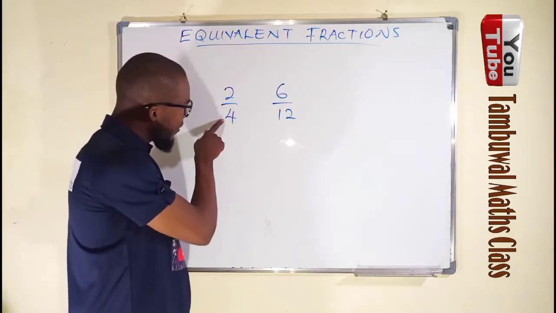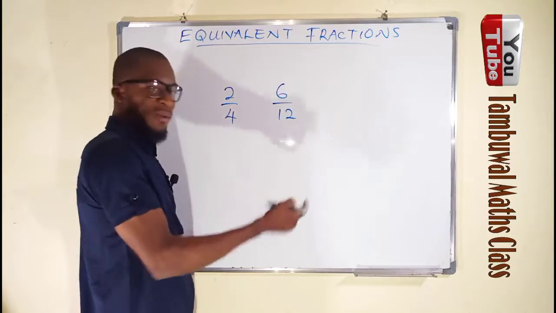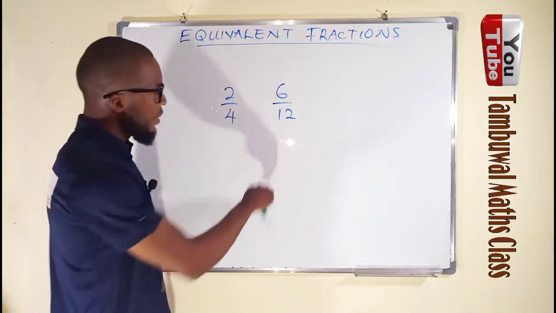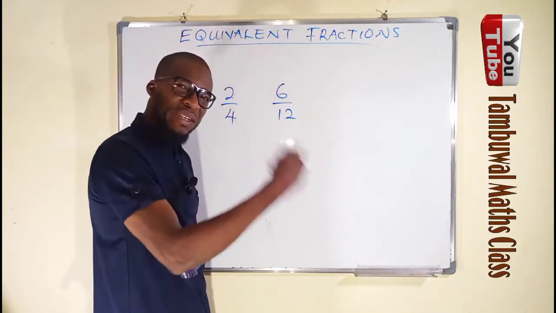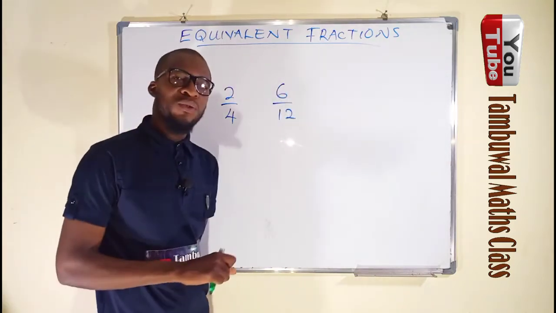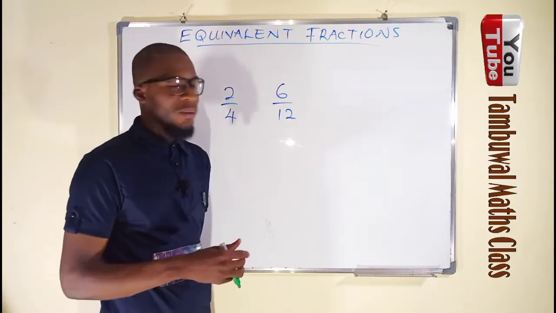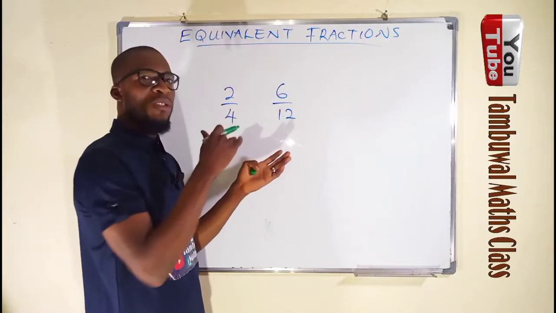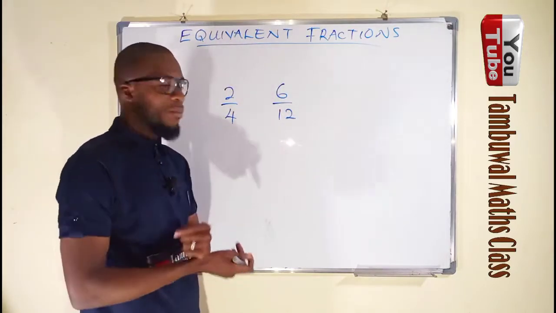Look at this number here, 4, which is our denominator. 4 is 2 times our numerator, which is 2. Look at this, 12. 12 is 2 times more than our numerator, which is also 6. Therefore, they are equivalent. So you can see the ratio of numerator to that of the denominator of the two fractions is exactly the same.